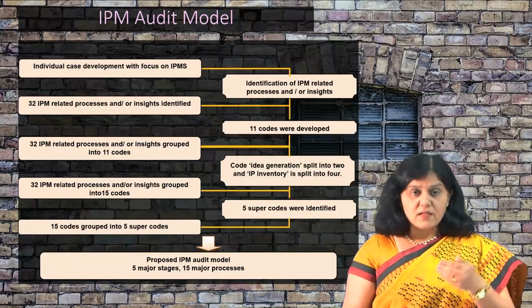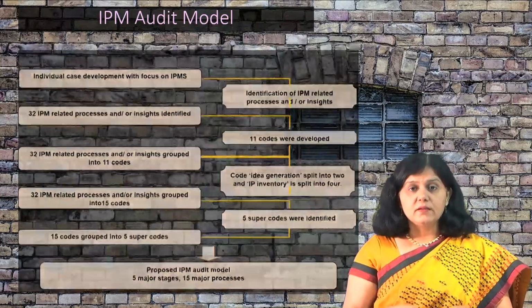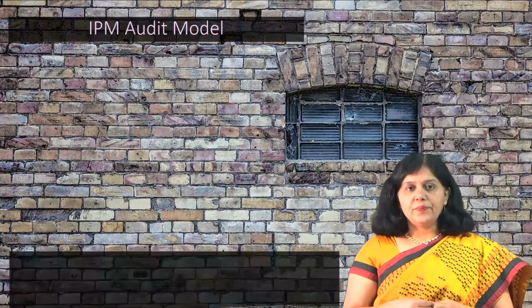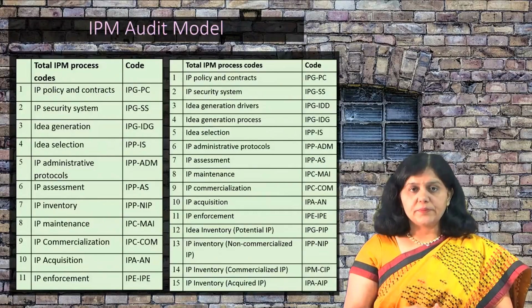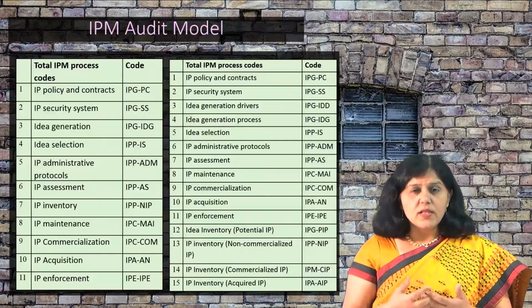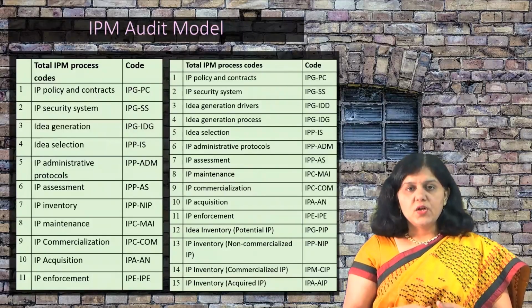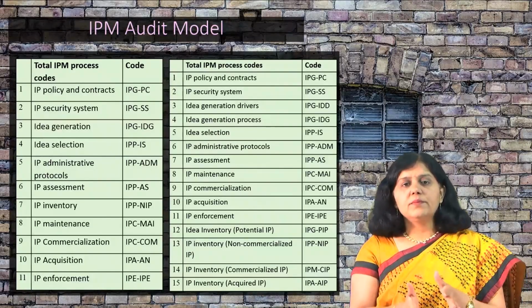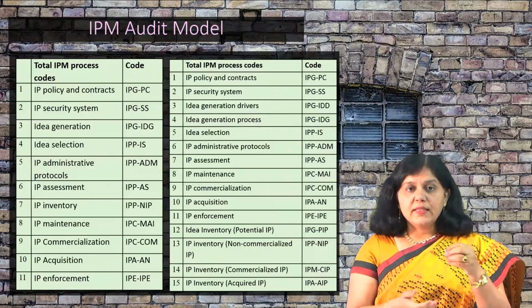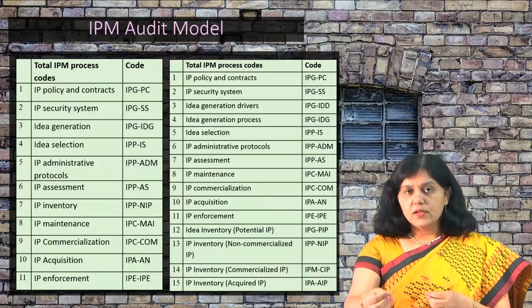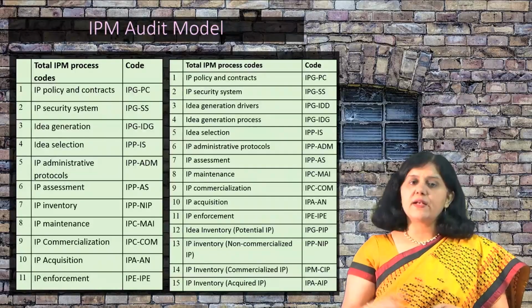So, just to give this a background. What are those 11 processes or 11 codes we have identified? When we think of IP management, there are so many processes, almost 130 plus. We have clubbed all 130 processes into 32 IPM related processes, and then coded them into just 11 codes and then expanded to 15.